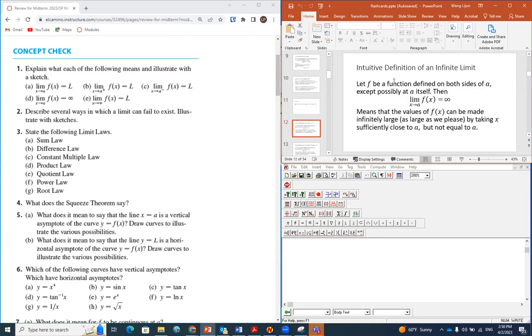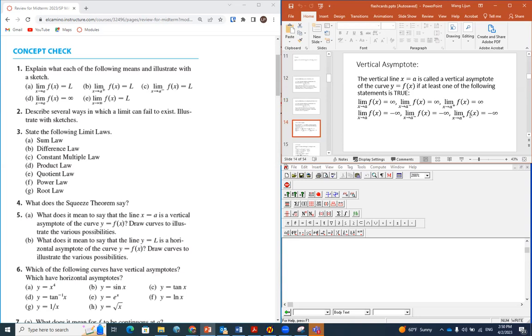As we keep going, this is the definition of an infinite limit. This definition is typically used for vertical asymptote, so put these cards together, vertical asymptote. And the next one, which we talk about a bit later, limit at infinity, is when x is approaching infinity.